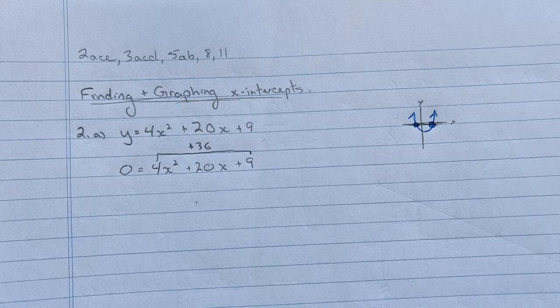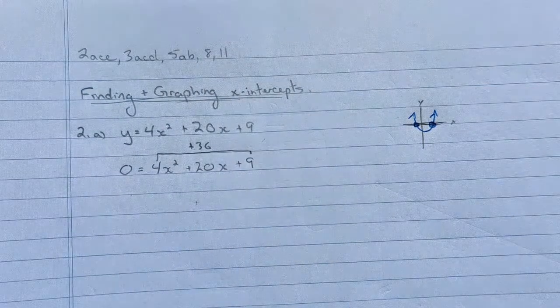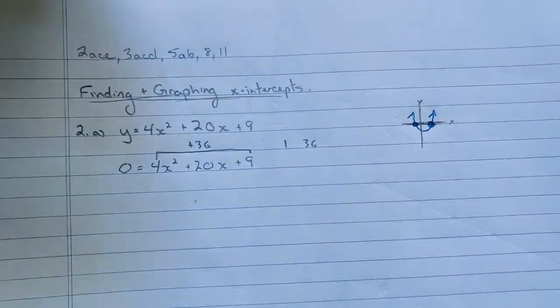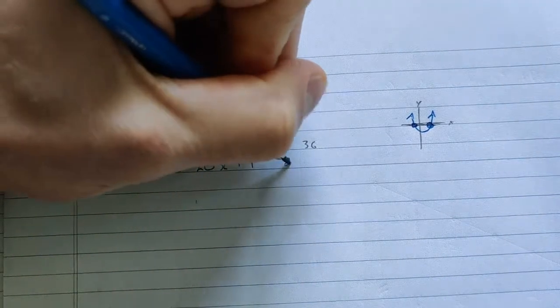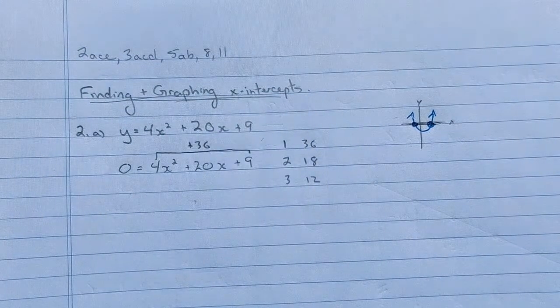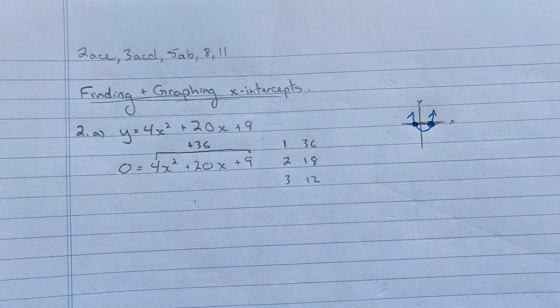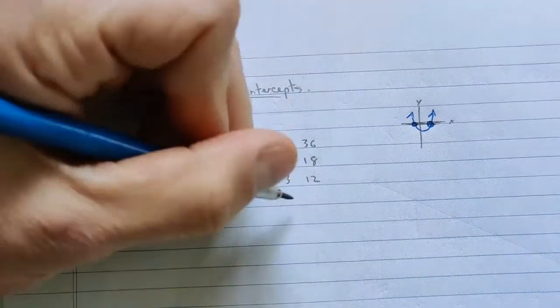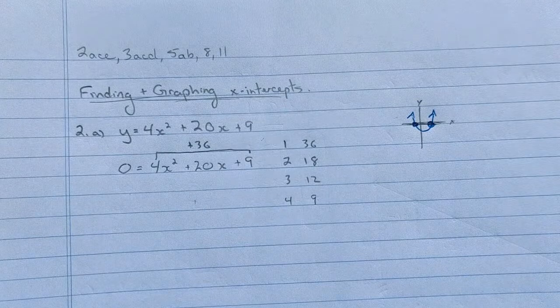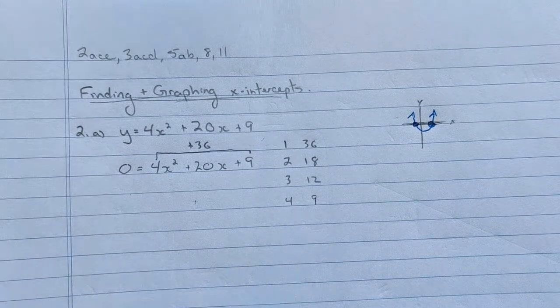If we go through the series of numbers, we've got 1 and 36. That won't work. 2 and 18. 3 and 12. We keep working our way down here. 4 and 9.